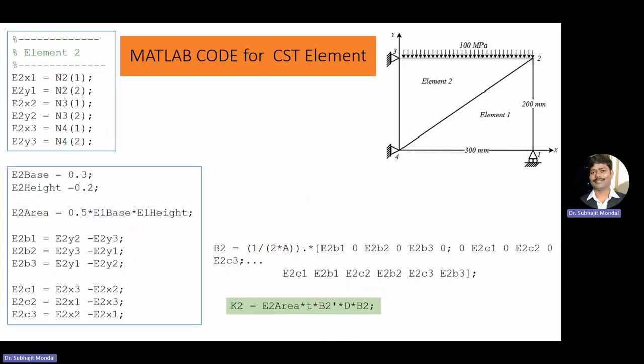Similarly, we also can calculate the stiffness matrix for element 2 with the same process. Using the same process, we can calculate B2. We also can calculate the area of it. And then we can calculate B transpose D B times A times T, that is the stiffness matrix for element 2.